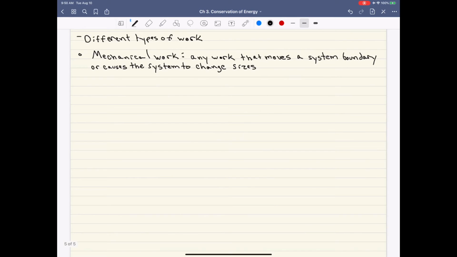And so when we talk about mechanical work, here's a picture that I want you to have inside of your head. Okay? And so we're going to draw a piston cylinder system. But to simplify things, we're going to draw one that's on its side. So here's the piston part.